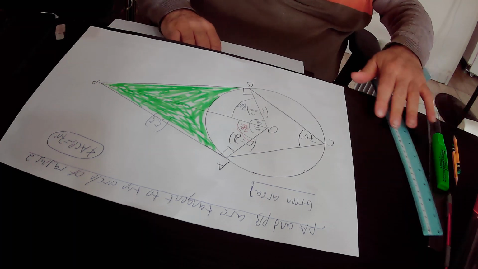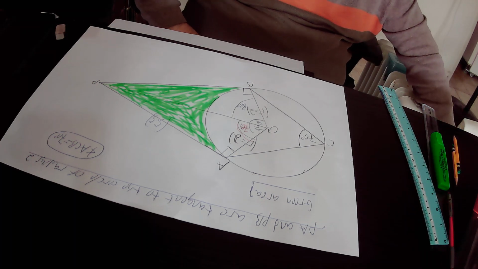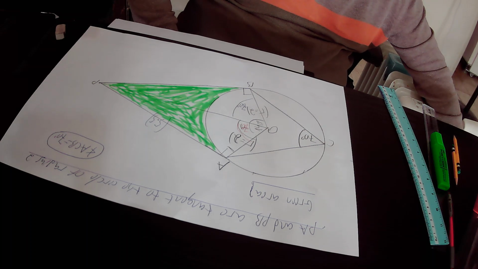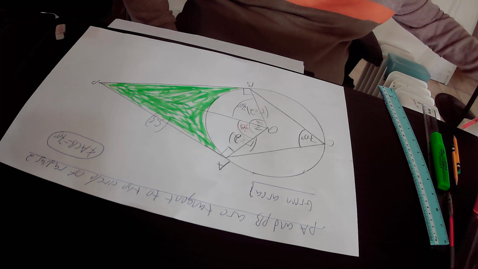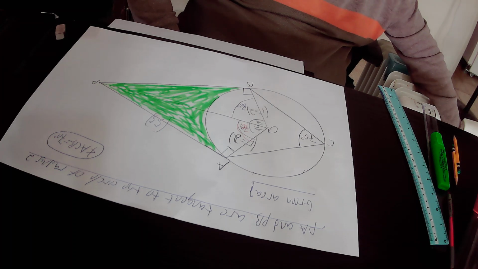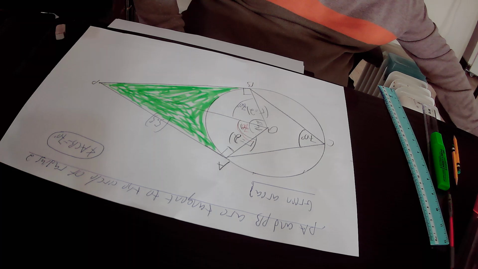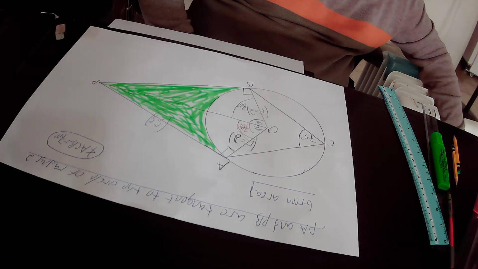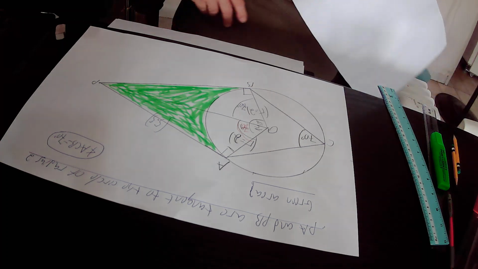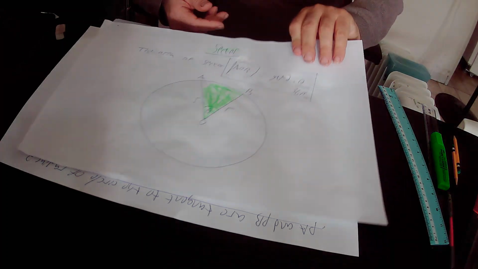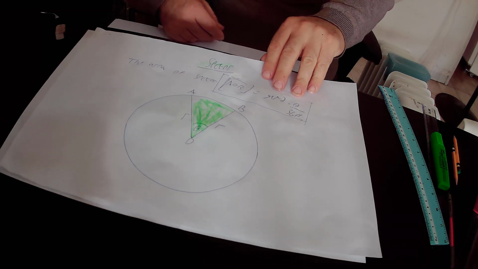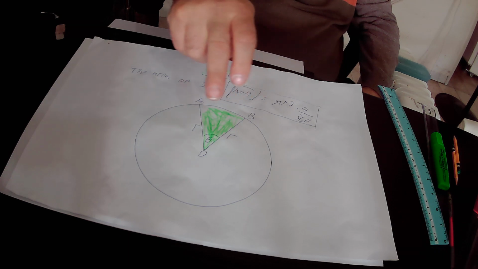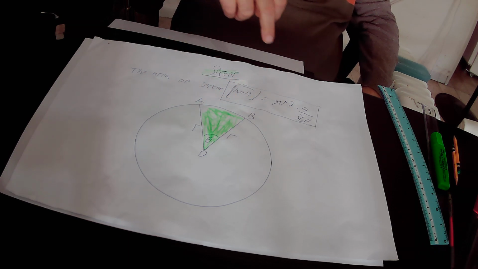So in the next step I will clarify and explain what a sector is. A sector is a portion of a circle, or a sector is part of a circle.